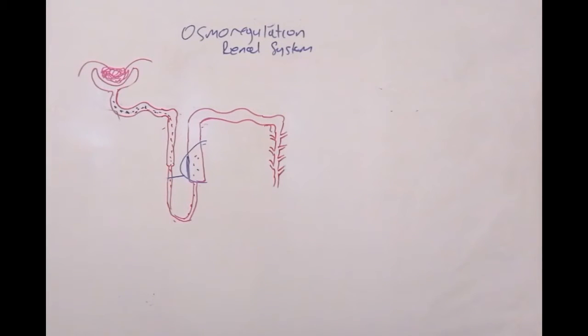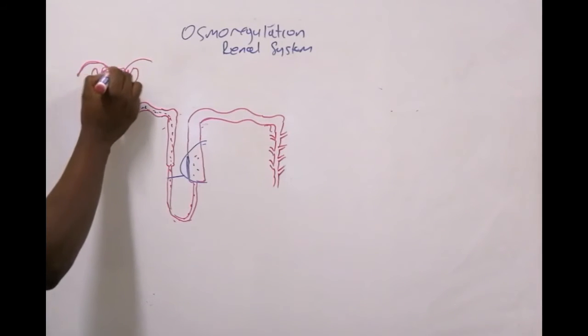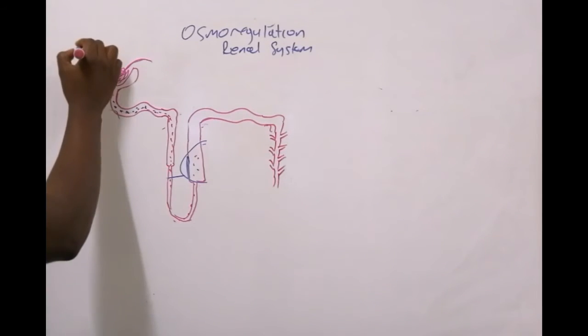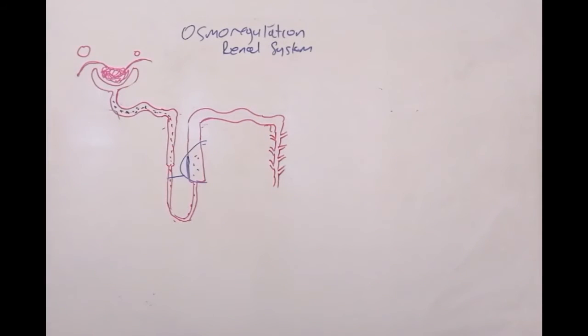Okay, so guys, one thing that I just forgot to mention is that your afferent arteriole has got a bigger diameter compared to the efferent arteriole.